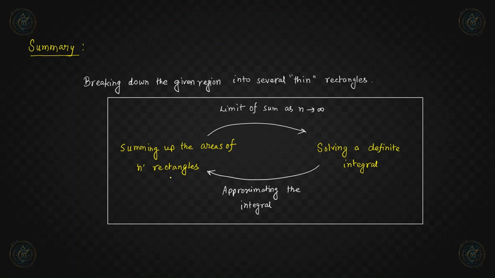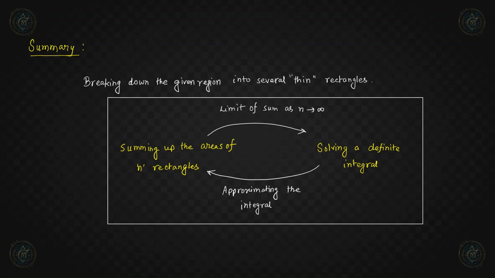So remember, when we have to find the limit of the summation as n tends to infinity, we first find the limit, then we have to solve the definite integral. And when we have to approximate the integral with some summations, then we are summing up all the areas of these n rectangles.